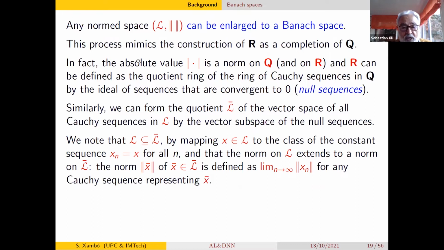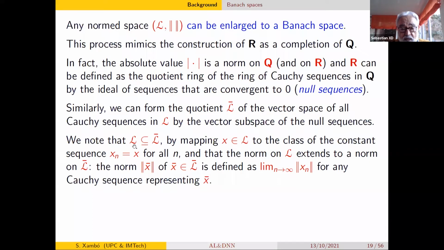But similarly, we can form the quotient L bar, the vector space of all Cauchy sequences in L, which is clearly a vector space, by the vector subspace of all null sequences.